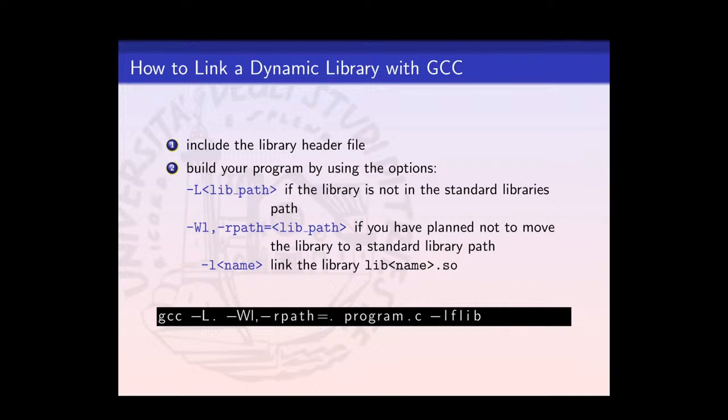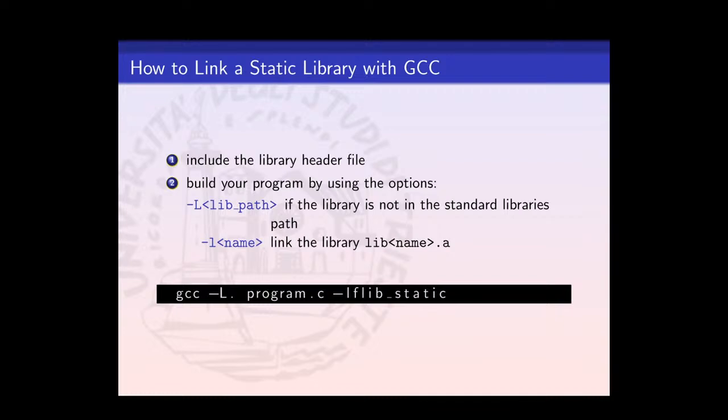Now this is the way in which we can link a dynamic library to our executable, but of course we may also be dealing with a static library, and things are almost the same, with the only exception of the middle parameter, which I recall you was meant to specify the final location of the dynamic library, so the location at the execution time of the dynamic library.